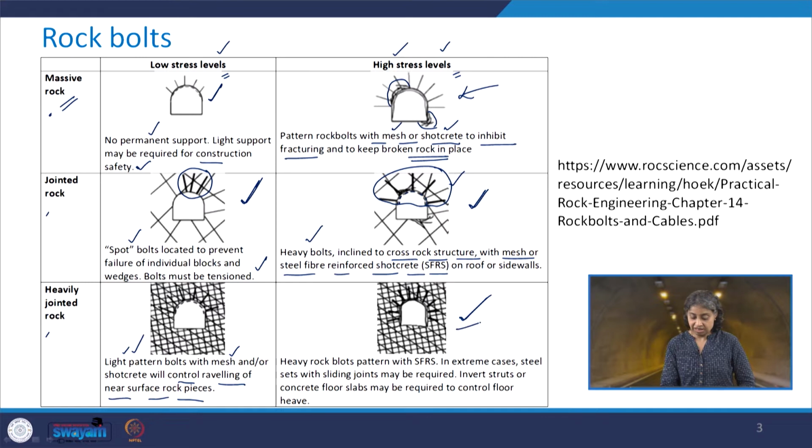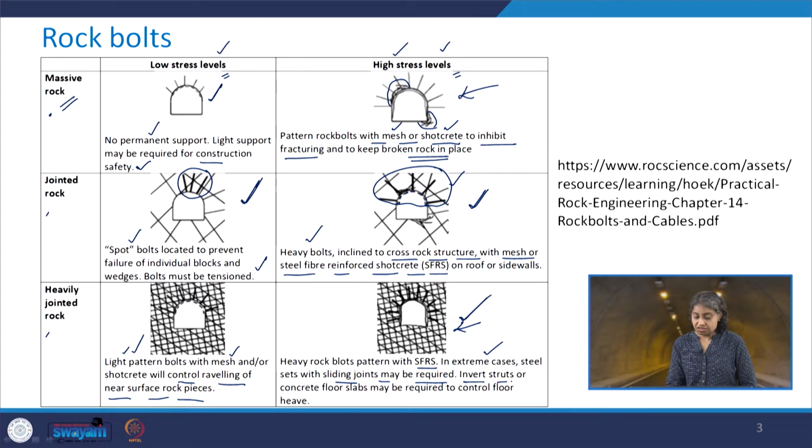In case you have the other condition, which is heavily jointed rock with a high stress level, that means this particular figure, in this case a heavy rock bolt pattern with SFRS, which is steel fiber reinforced shotcrete, is to be provided. Now in extreme cases, steel sets with sliding joints may also be needed.